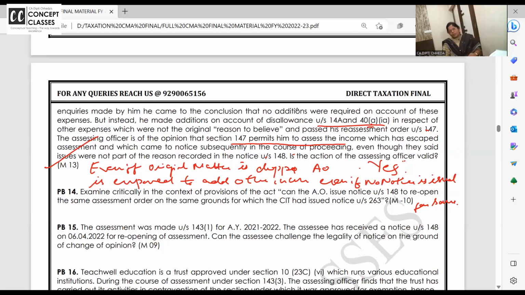Original matter is dropped, or it is still going on, but something more is caught up.